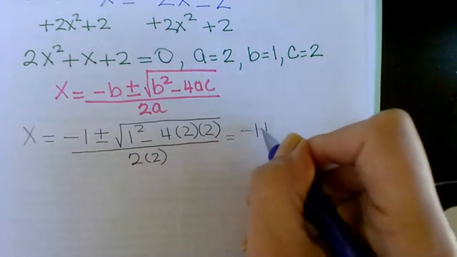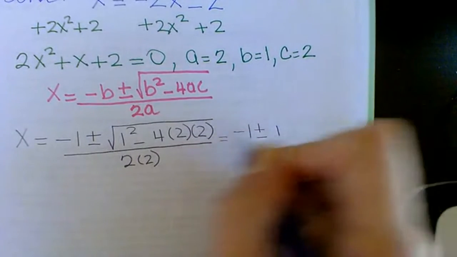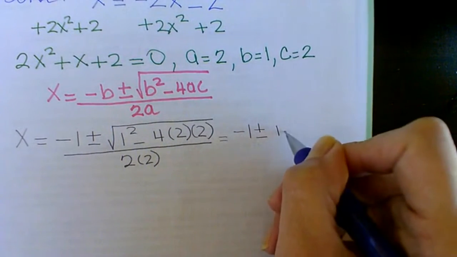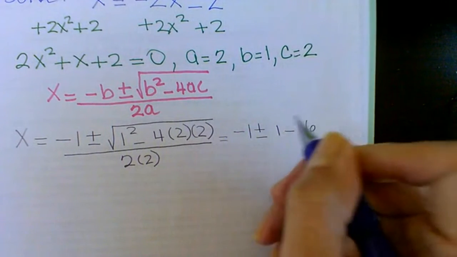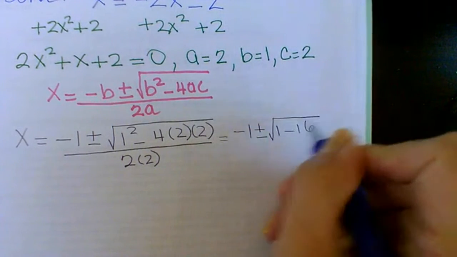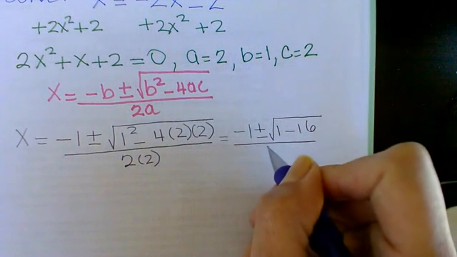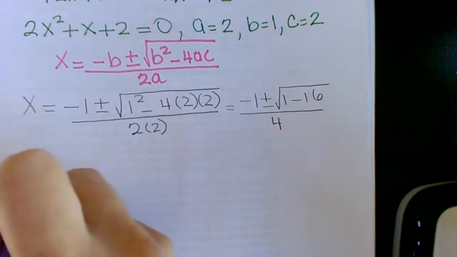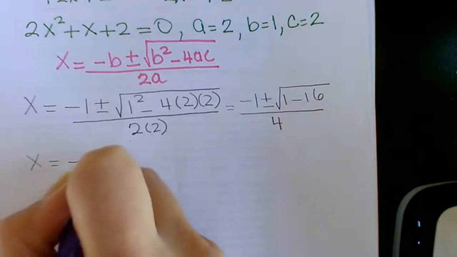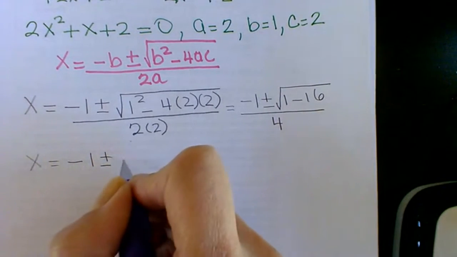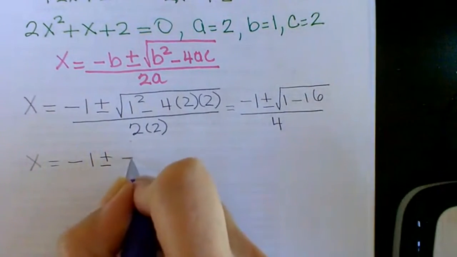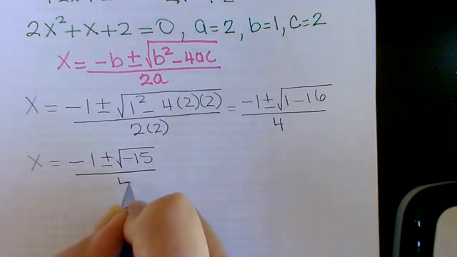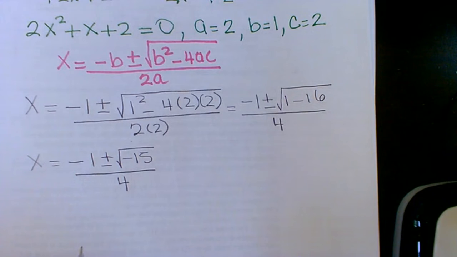We have -1 plus or minus the square root of 1. 4 times 2 is 8. 8 times 2 is 16. And 2 times 2 is 4. So 1 minus 16 is -15. That's what I have here.